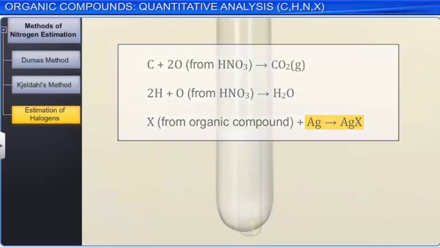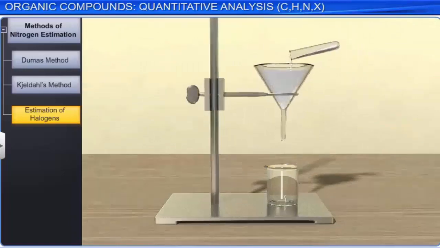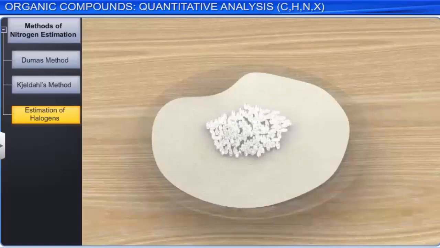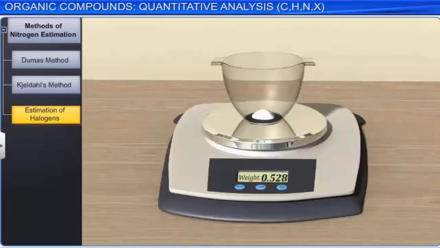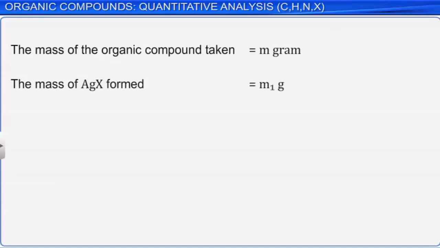The halogen forms a precipitate of silver halide. This precipitate is filtered, washed, dried, and then weighed. Let the mass of the compound taken be m grams and the mass of the silver halide formed be m1 grams. 1 mole of silver halide contains 1 mole of halide.